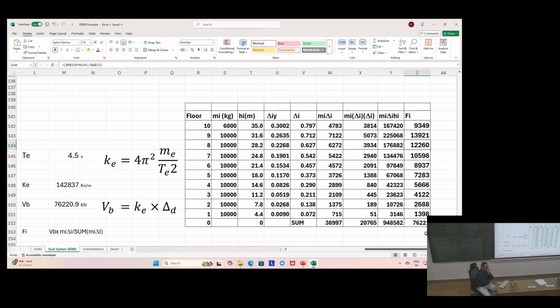Convoluted process? Done? You have the same numbers over there? Anybody still working on it?